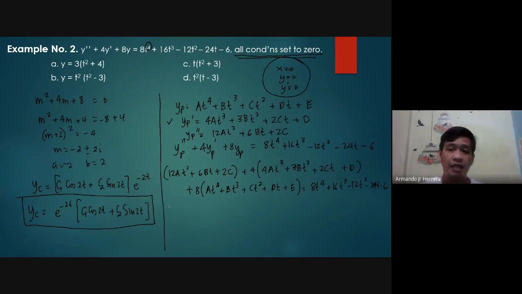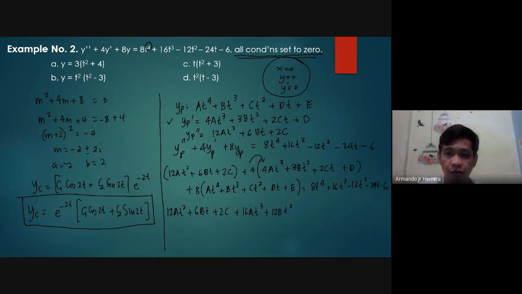So, i-distribute natin lahat. That is 12at squared plus 6bt plus 2c plus 16at cubed plus 12bt squared.